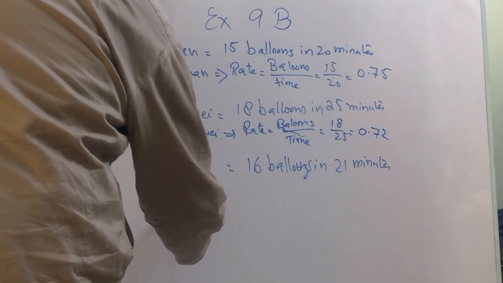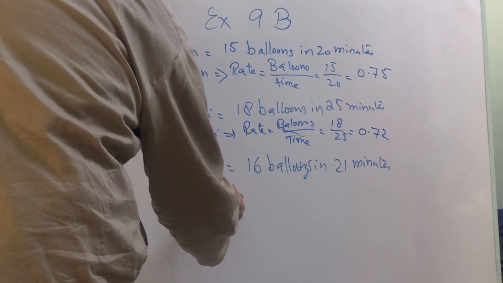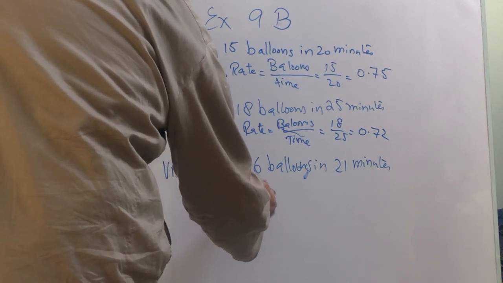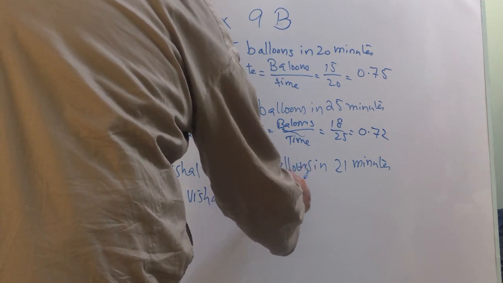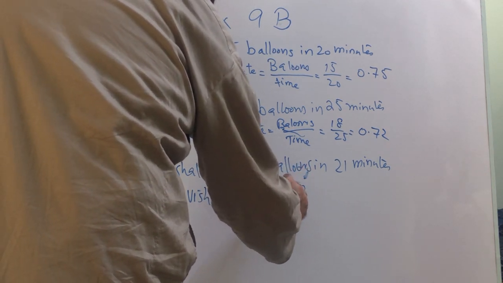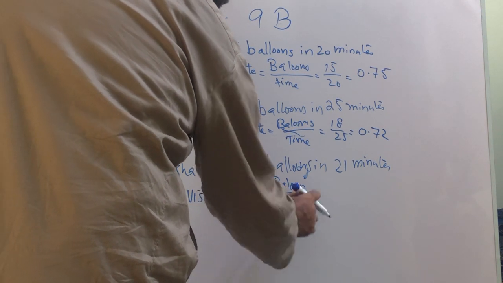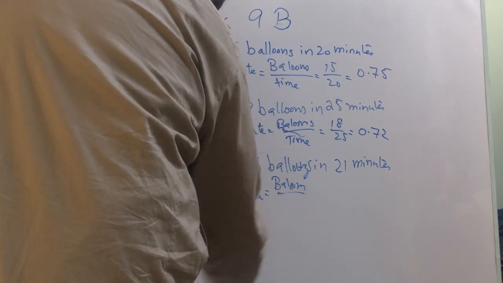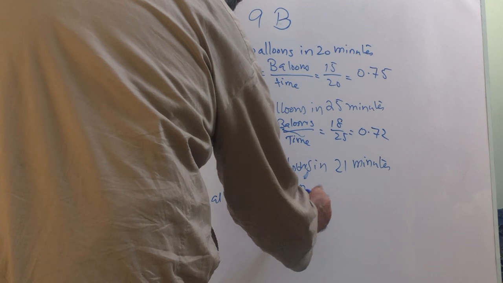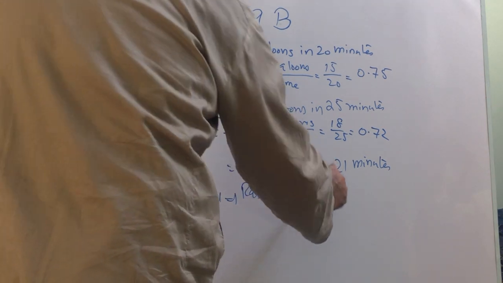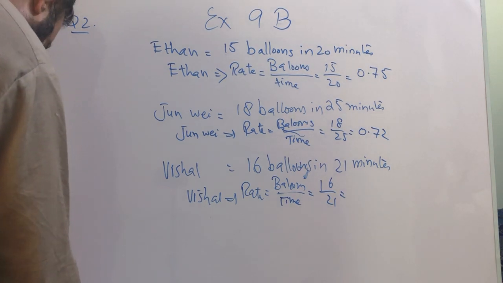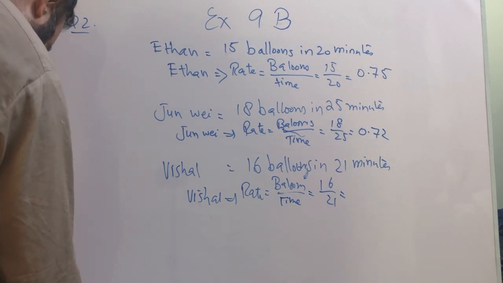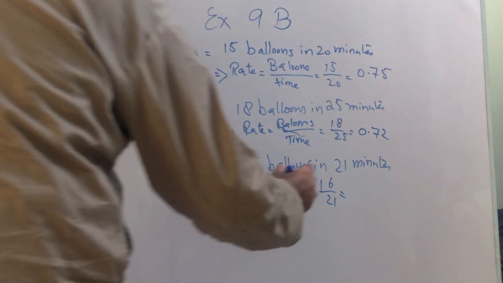And for Vishal, so we are looking for rate, which is balloons over time. Balloons how many? 16 balloons over 21 minutes. We get 16 divided by 21, it becomes 0.76.